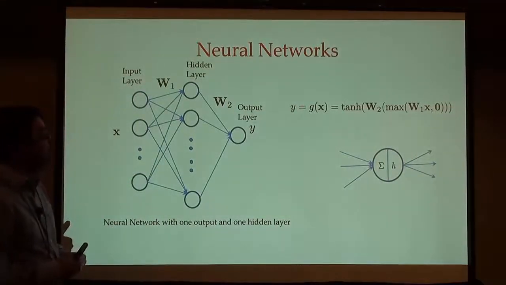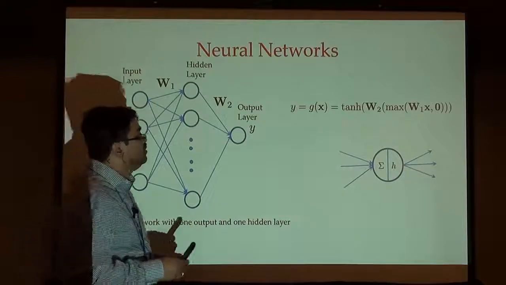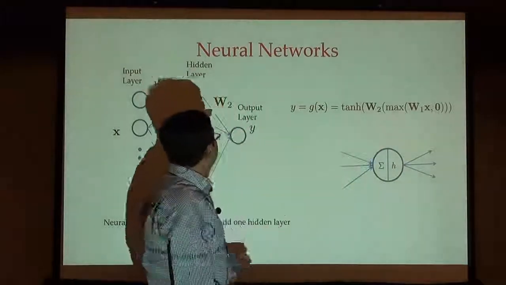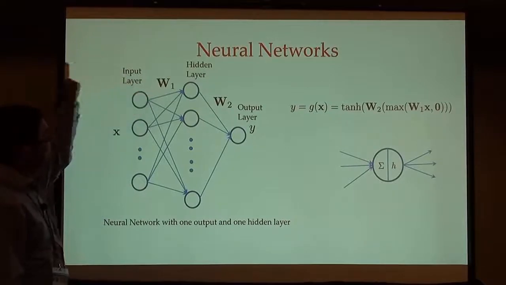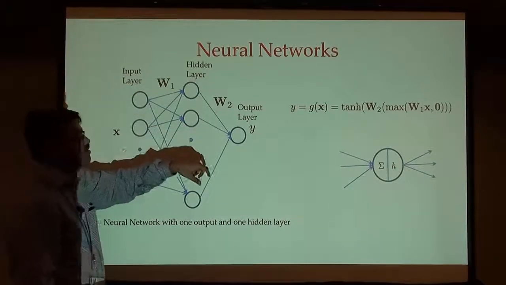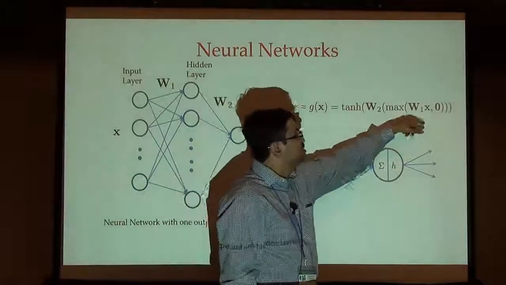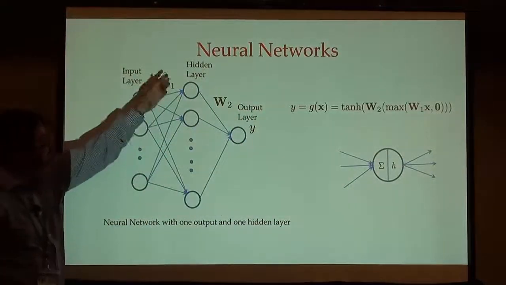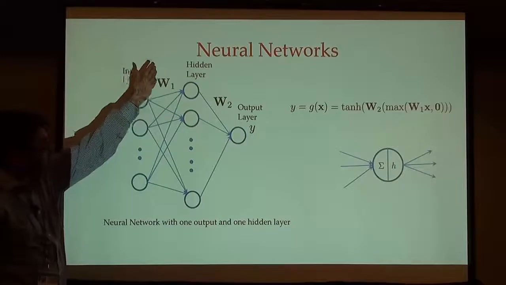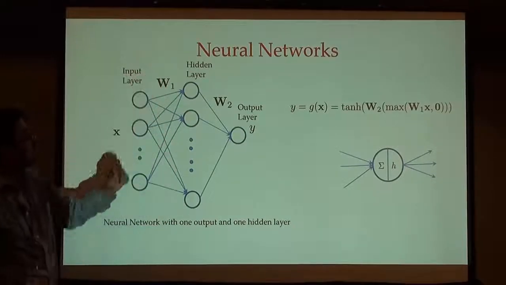So let's look at this from the innermost block. Okay? So I'm doing W1 times X. X is now a vector, right? So that is representing everything done in the entire layer.